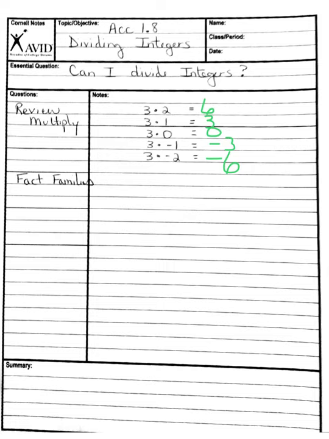So I want us to think about these, and I want us to think and review what fact families are, because I think that's going to help you figure out the rules for when we divide positive and negative numbers. Let's take the 3 times 2 equals 6. We know that 3 times 2 equals 6. And because of the commutative property of multiplication, 2 times 3 equals 6.